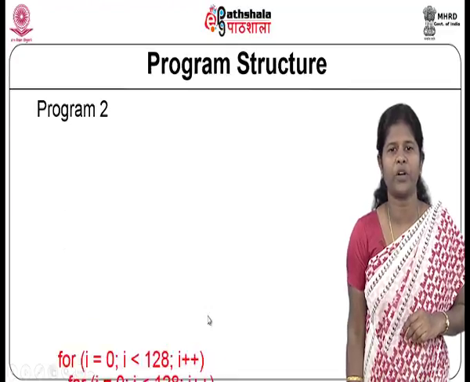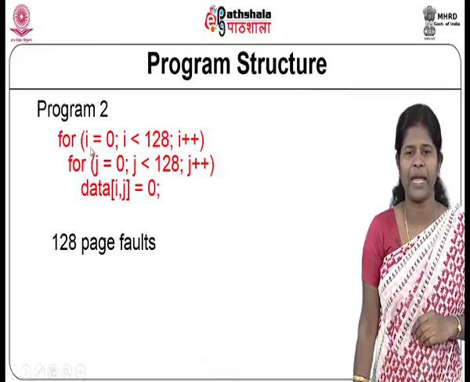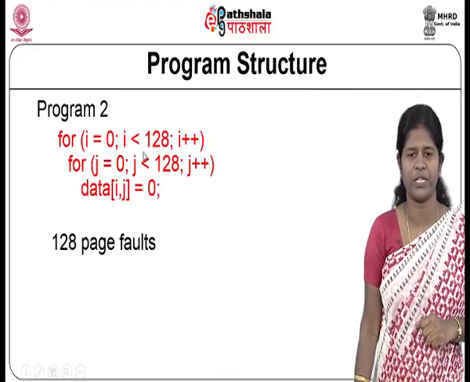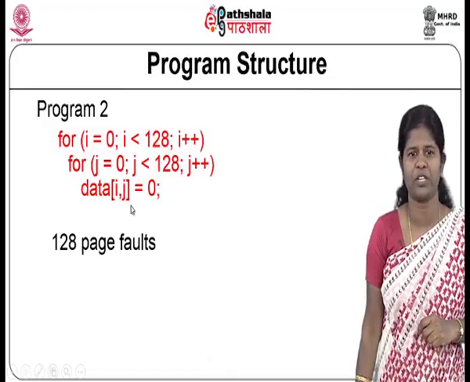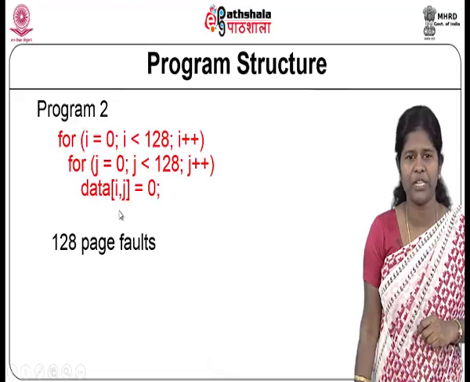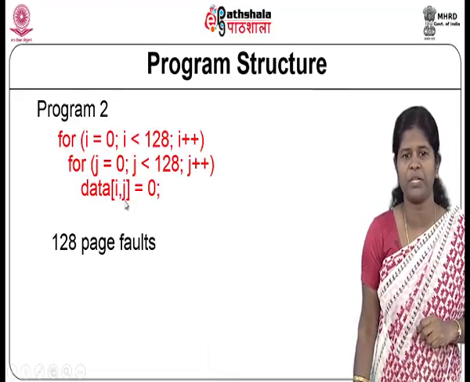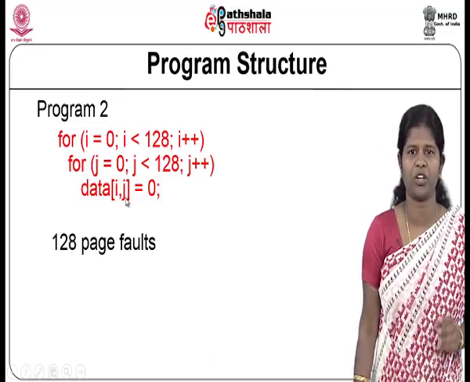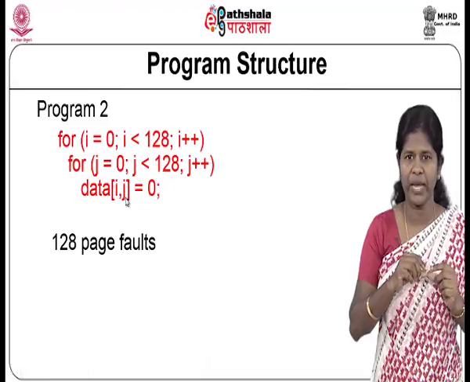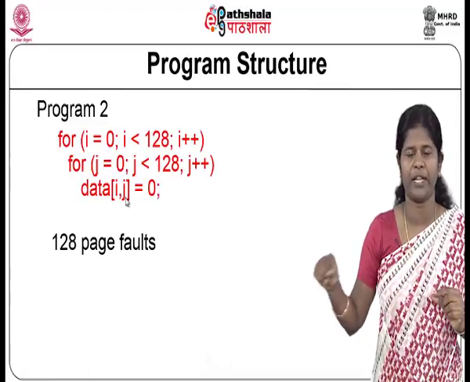But if the program is written in this manner, say you write i equal to 0 to 128 and j equal to 0 to j less than 128, data of i comma j equal to 0, the first element will be 0 comma 0, the second element will be 0 comma 1, third will be 0 comma 2, and so on. So in sequence they access all the elements in one particular row.